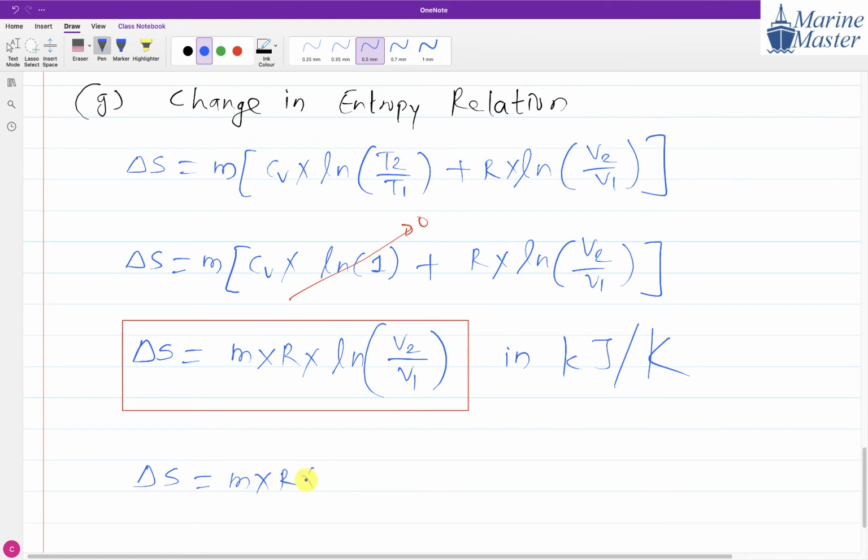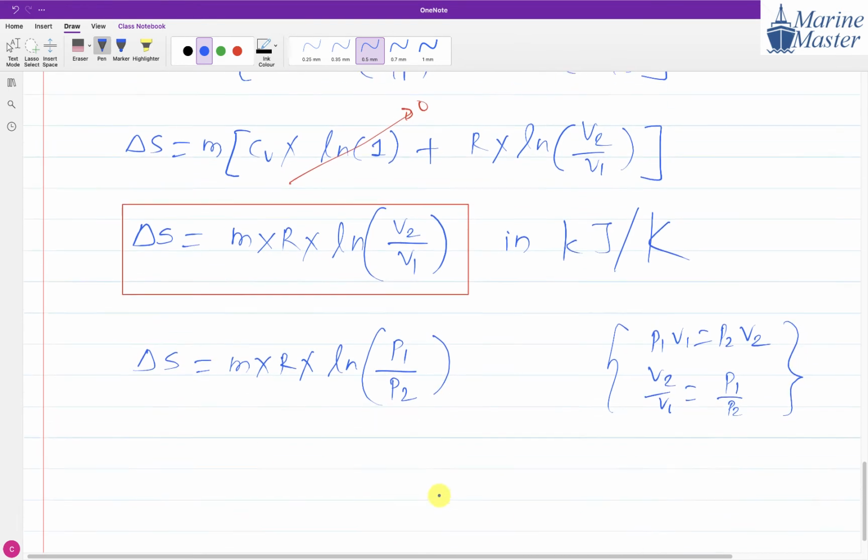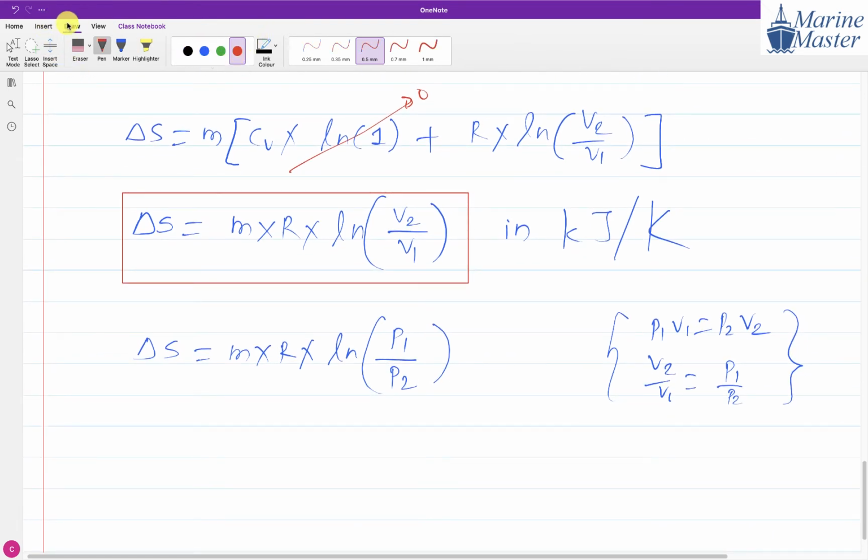MR ln. Instead of V2 by V1, we can write P2 by P1. No, wrong, not P2 by P1, P1 by P2. P1 V1 is equal to P2 V2, so V2 by V1 will become P1 by P2. Okay? So please write down this relation also.